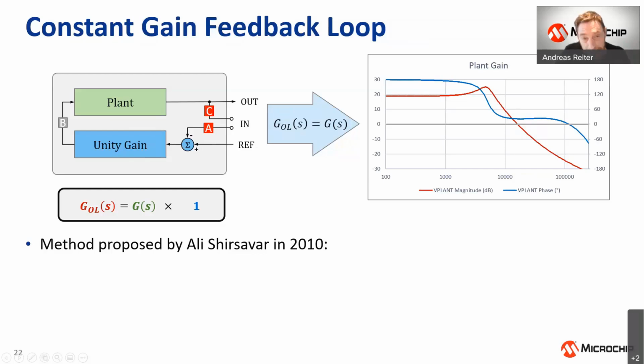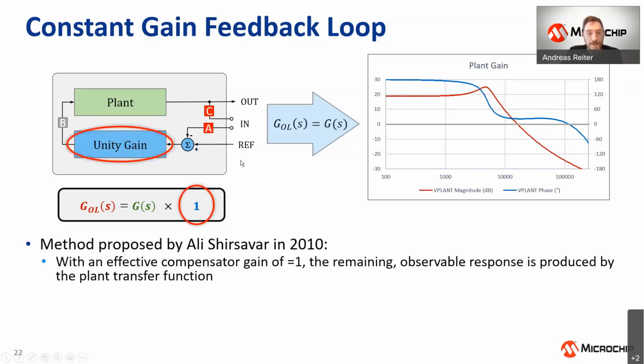But the basic idea here is that you replace your feedback loop with a unity gain loop. So instead of having the full frequency domain of your compensation network, you just have a unity gain block in there. And the last remaining challenge is then, how do I get the DC component?